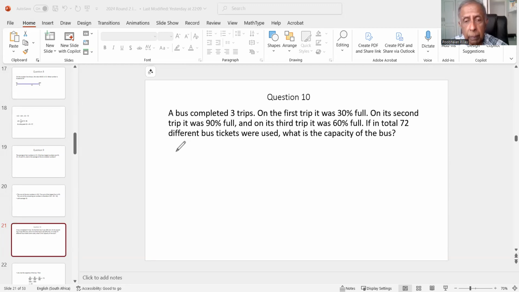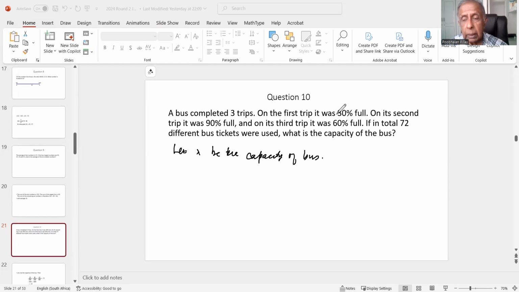All right. So let's give a name to the capacity. Let X be the capacity of the bus. It is the number of people that the bus can actually carry. If X is 100, that means the bus has 100 seats in it. That's what it means. Right. So in the first trip, it is 30% full.